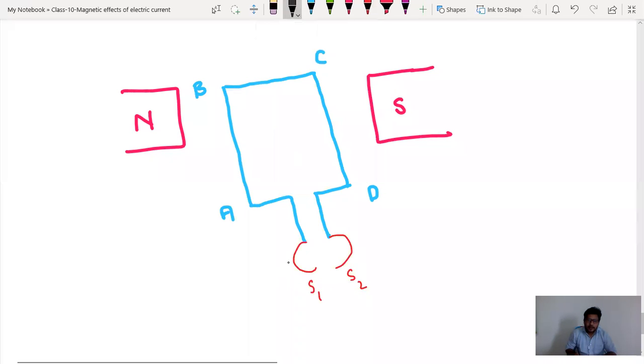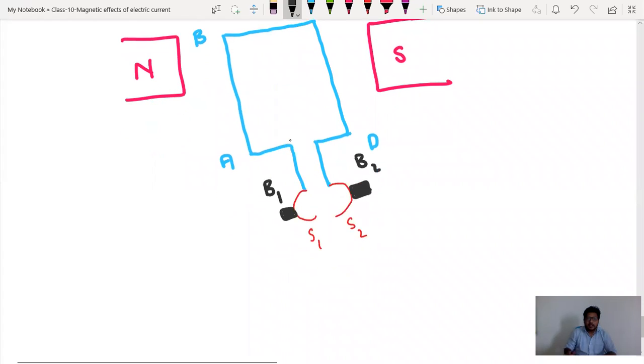And that should be connected to two carbon brushes. Here we have one brush, here we have another brush. You can name these brushes B1 and B2, brush 1 and brush 2, and this should be connected to a cell or battery.